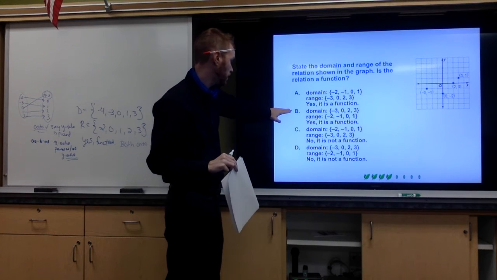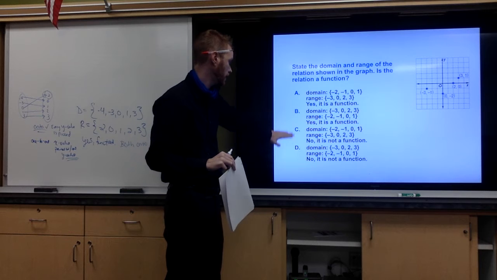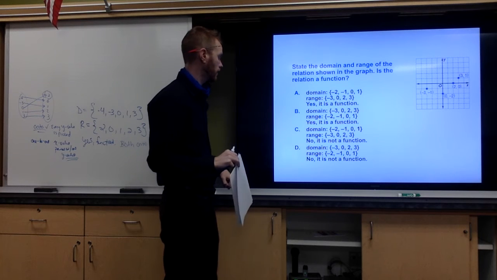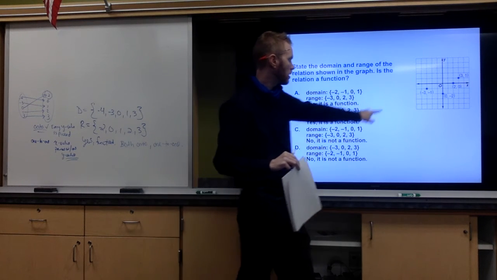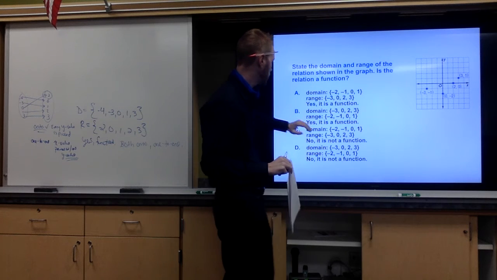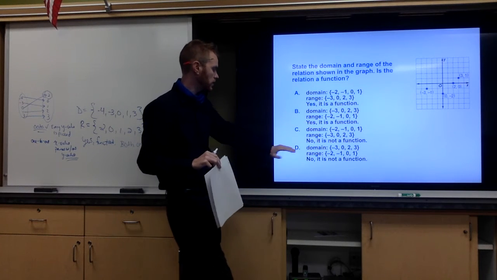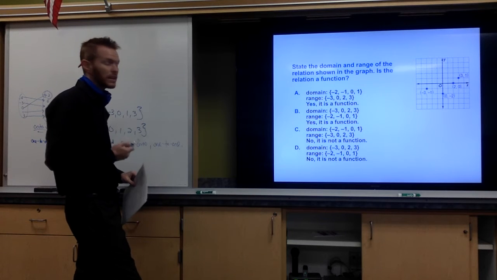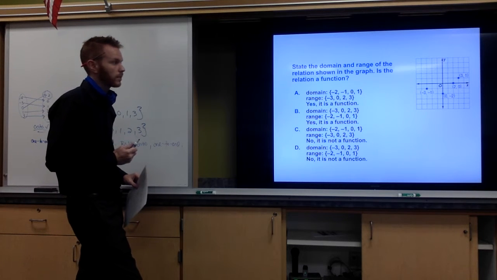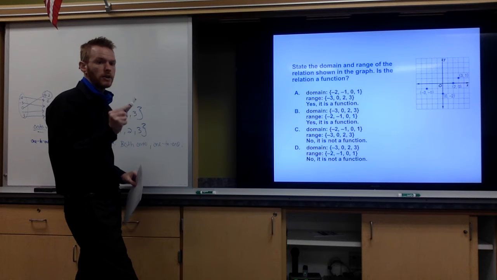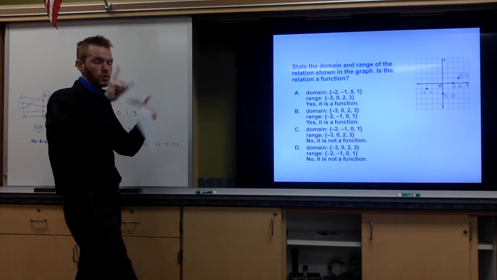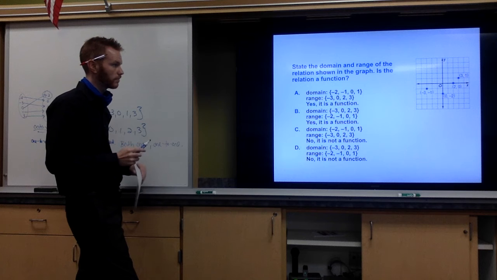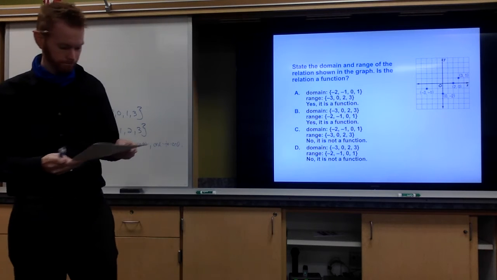So it looks like B and D have that domain. And they have the same range values too, right? -1, -2, 0, and 1. So B says it is a function, D says it's not a function. So we've got a 50-50 shot. In this case, it will be a function, right? There's not an x value in there that has 2 different y values. So we're good. So it has to be B for that one.